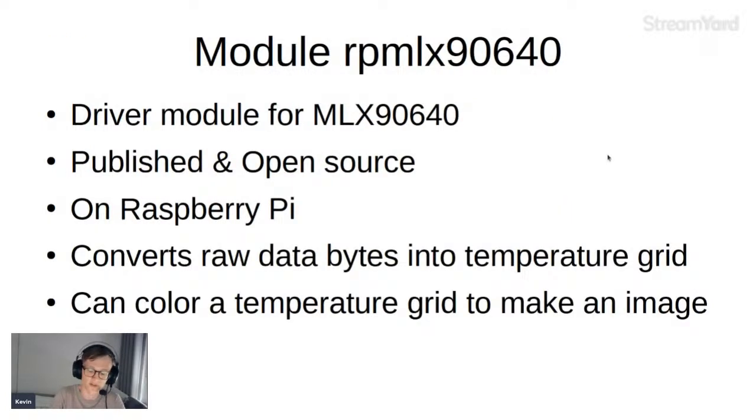So we'll start with the software. A core part of this whole project is a module called RPMLX 90640, and it handles all the communication between the infrared sensor and the Raspberry Pi. To give you an introduction to how this works, we have a Raspberry Pi which contains all the programs.